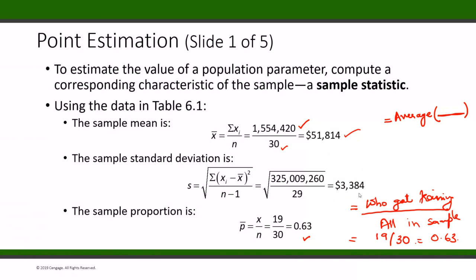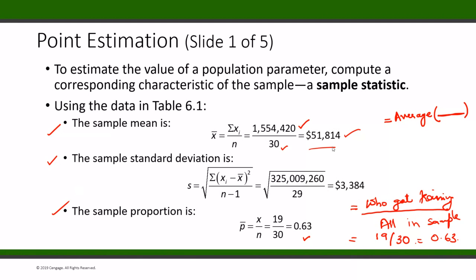If I ask you to do a second round of sampling, you select another 30 people, generate the random numbers again, and you will get another point estimate. You find the sample mean, sample standard deviation and sample proportion: how many people actually got the training, their deviation and their mean salary. You will come up with a slightly different number. That's a second point estimate.